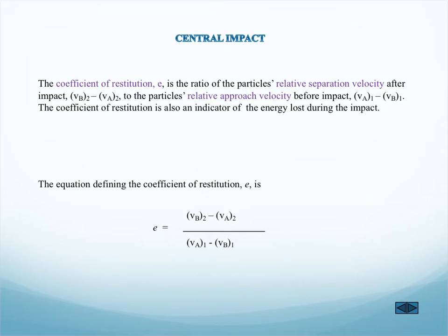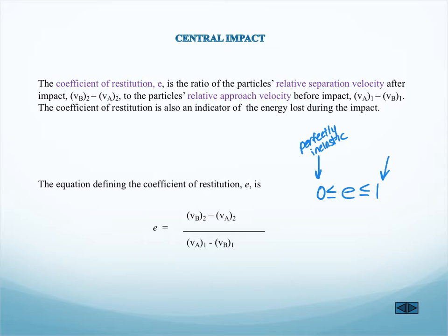So what it basically says is that the relative velocity after the impact is related to the relative velocity before the impact, and that relationship is through this thing called the coefficient of restitution. The values are somewhere between 0 and 1, including those endpoints, where 0 is a perfectly inelastic collision, where the two objects would stick together so that they wouldn't have any relative velocity after the collision.